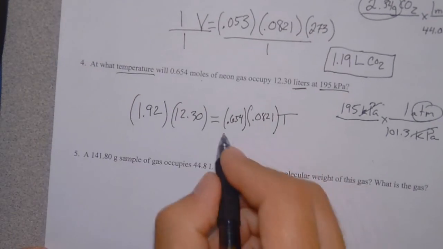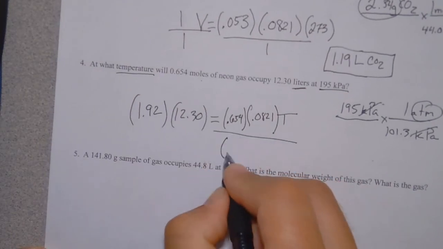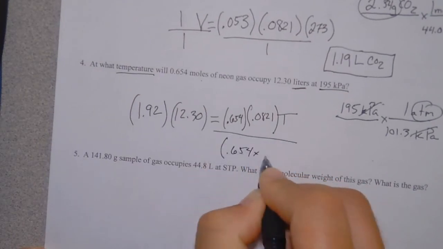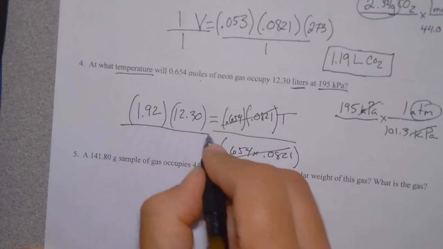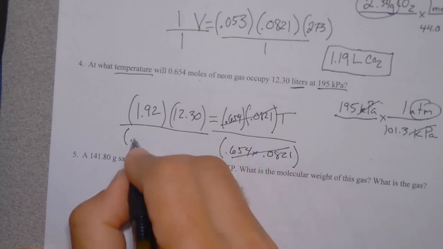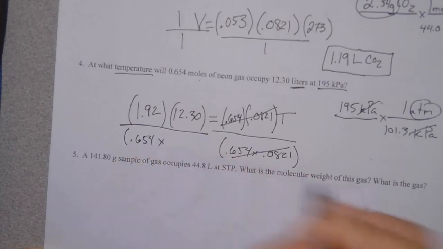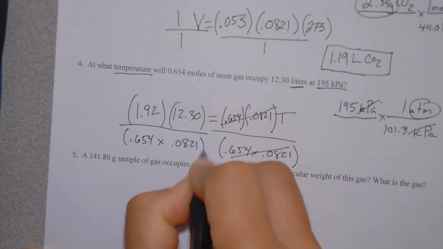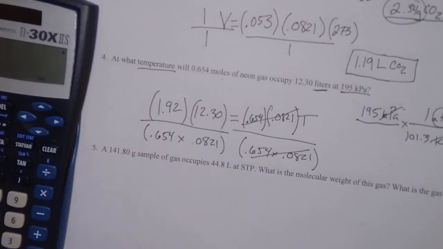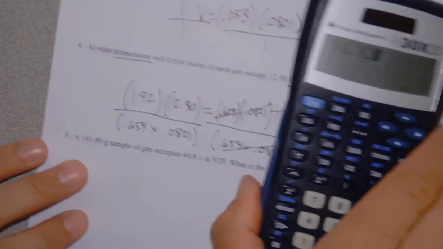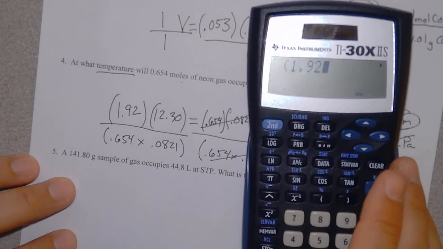Then to get T by itself, you divide by 0.654 times 0.0821. That cancels all of that out. Whatever you do to one side, you do to both sides. Put that all into your calculator the right way. Let me do it over here. There we go.